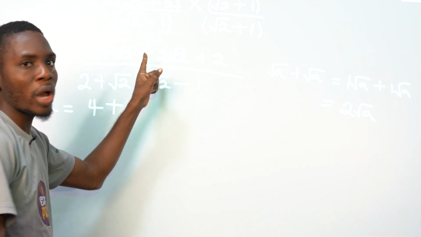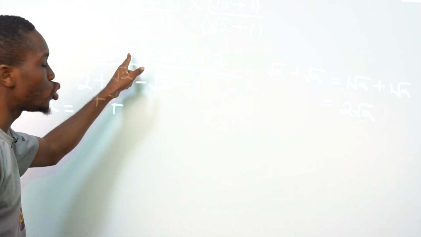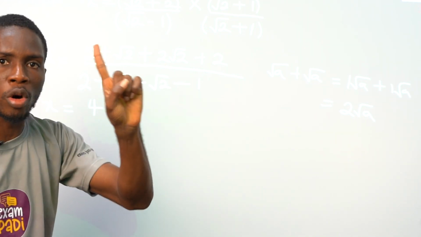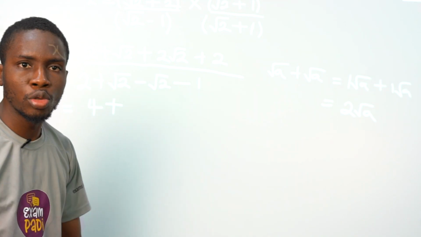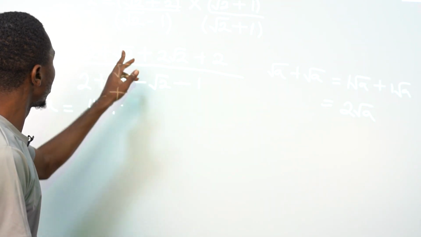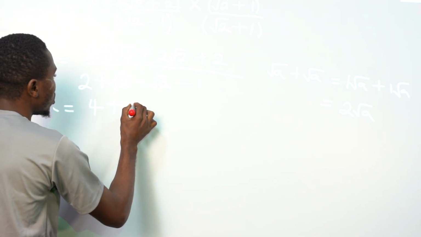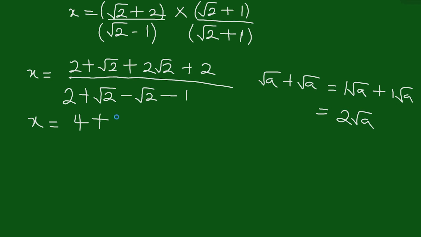The same thing applies here. This root 2 has a coefficient of 1, an invisible 1. So 1 plus 2 would give us 3 root 2.